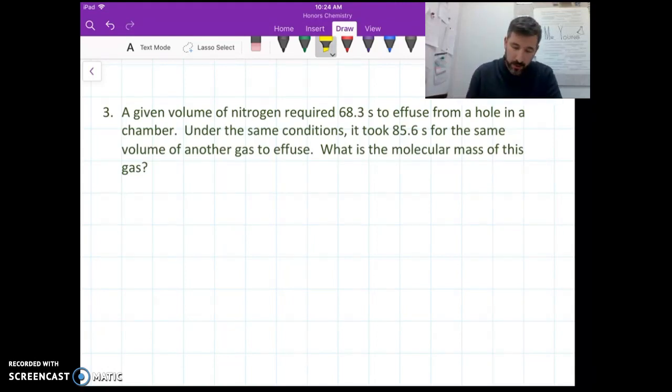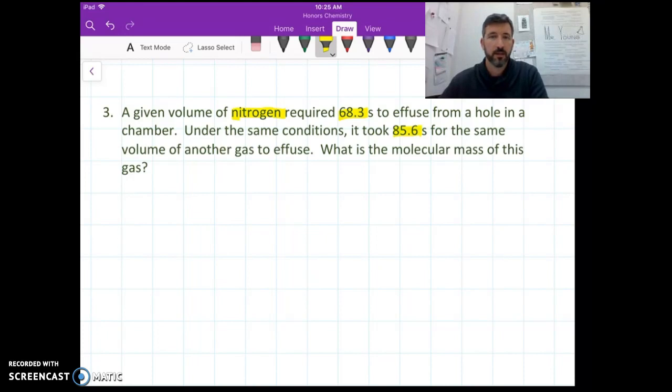In other words, is 68.3 going to be my velocity of nitrogen, or am I going to flip-flop it so that the 68.3 becomes the velocity of the unknown gas and the 85.6 becomes the velocity of the nitrogen? So is time directly or inversely related to velocity?